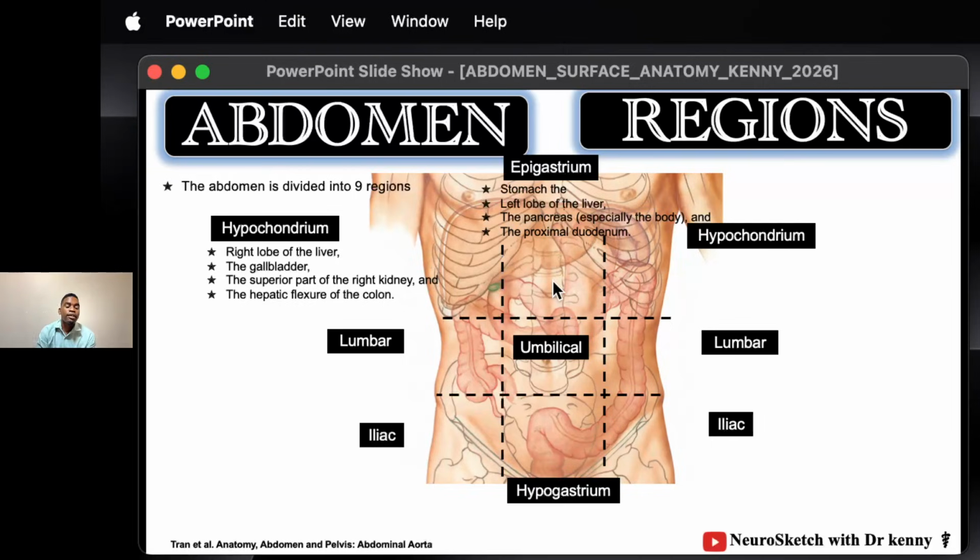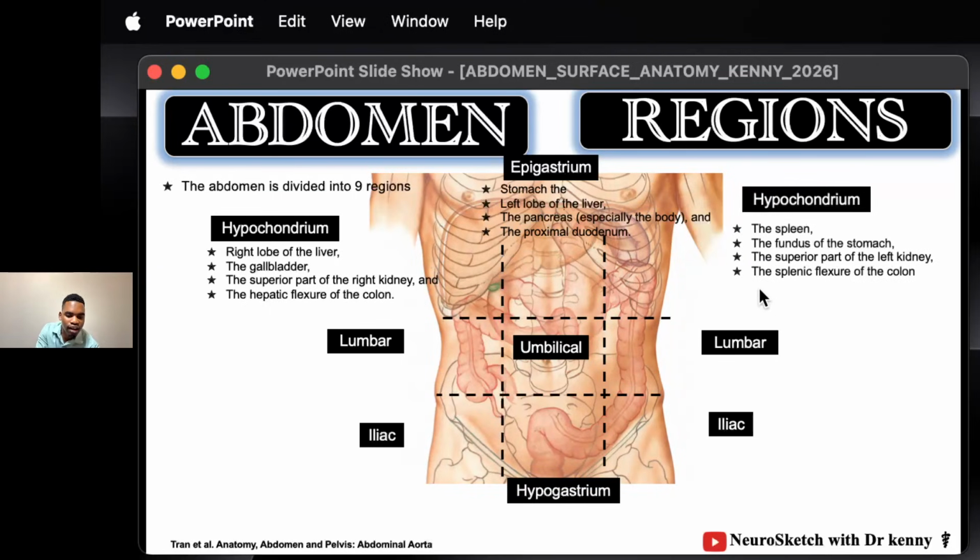So when a patient comes complaining of epigastric pain, what should come to your mind first is something related to the stomach, for example, peptic ulcer disease, because this region is where you have the stomach. Next we also have the pancreas somewhere here, and the left lobe of the liver, because we've said the right lobe of the liver is found in the right hypochondrium.